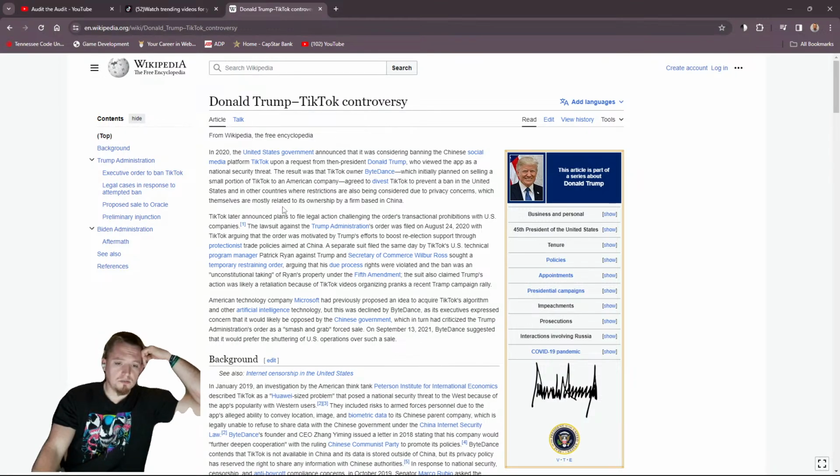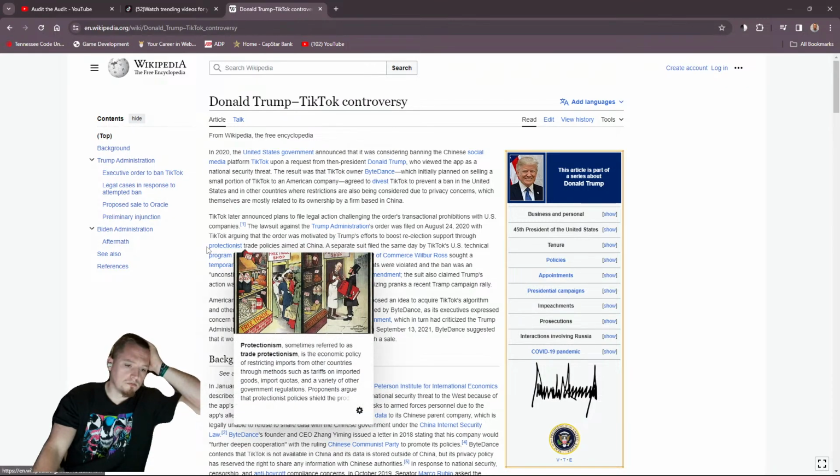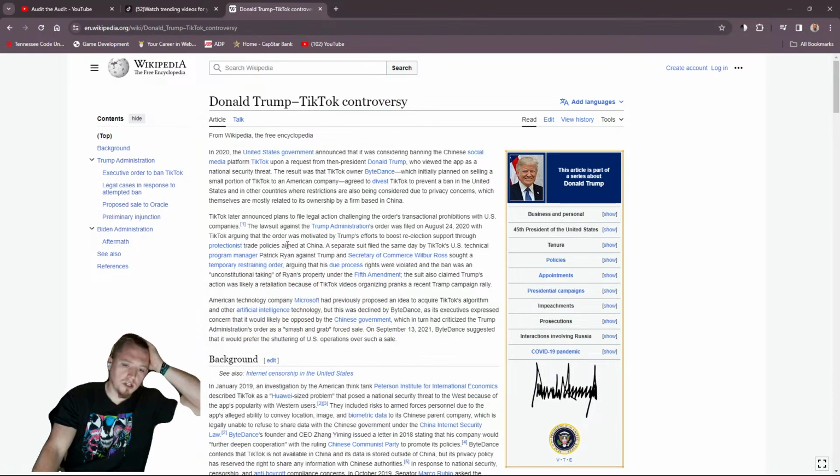TikTok later announced plans to file legal action challenging the order's transactional prohibitions with U.S. companies. The lawsuit against the Trump administration's order was filed on August 24th, TikTok arguing that the order was motivated by Trump's efforts to boost re-election support through protectionist trade policies aimed at China, which, yeah, probably.